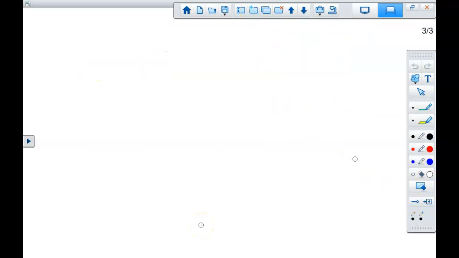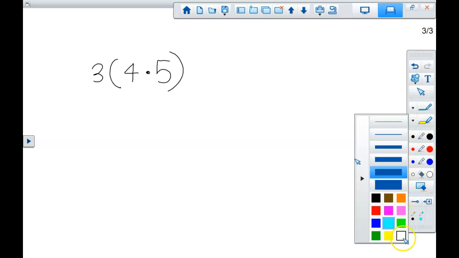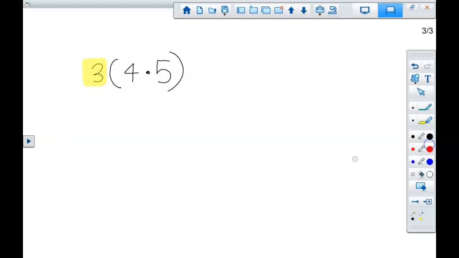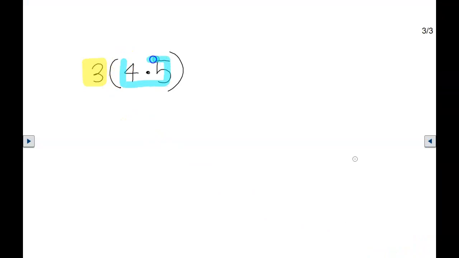You might be wondering, would it work with multiplication inside the parentheses? So let's try that. Let's try 3 times 4 times 5. So notice what this problem says we're doing. We are taking the number 3 and we are multiplying it by the entire group, 4 times 5.